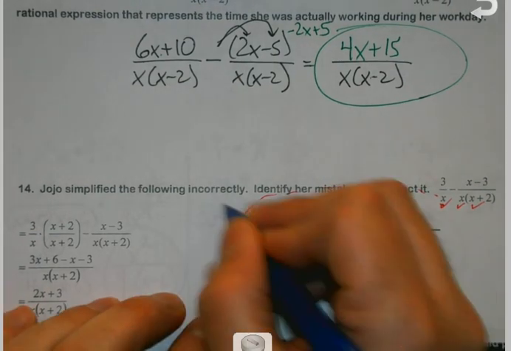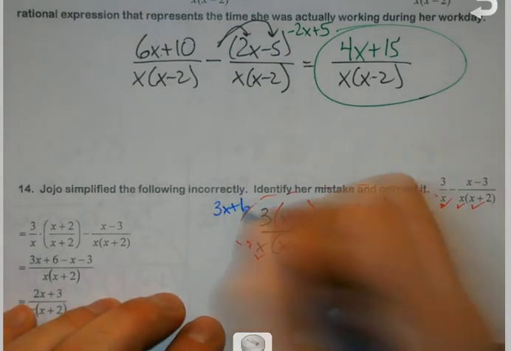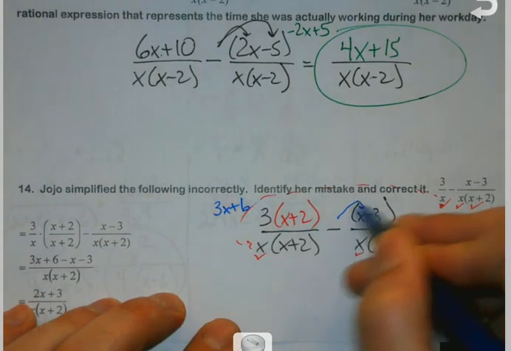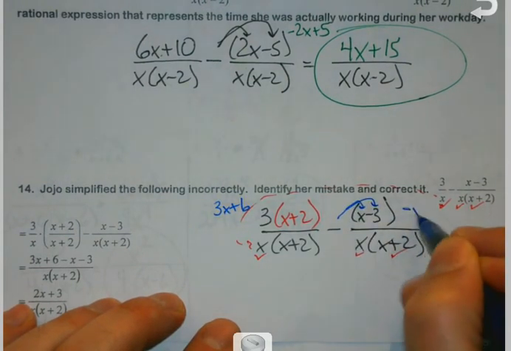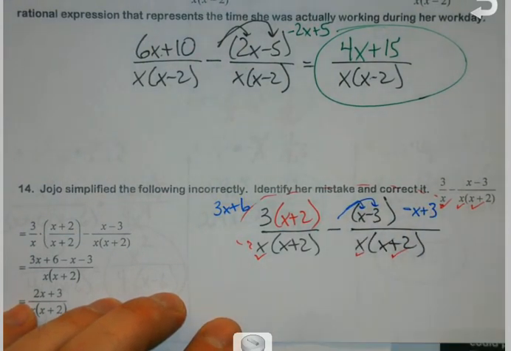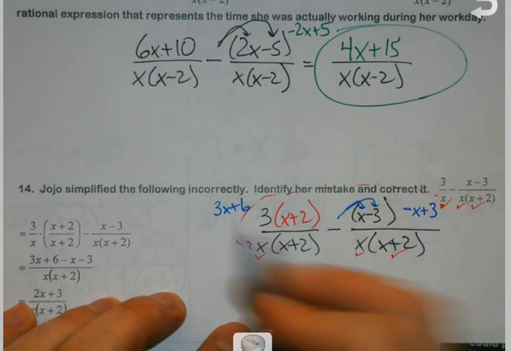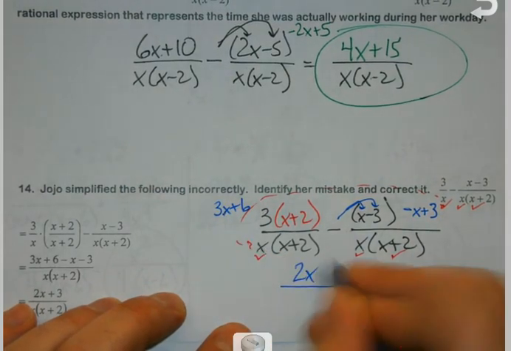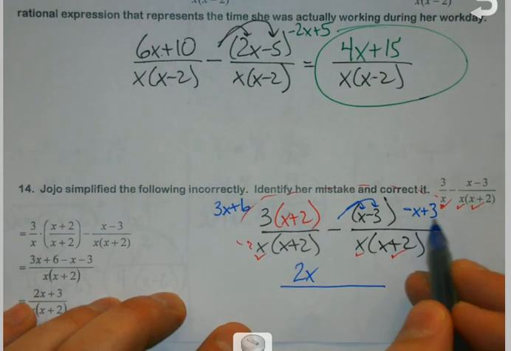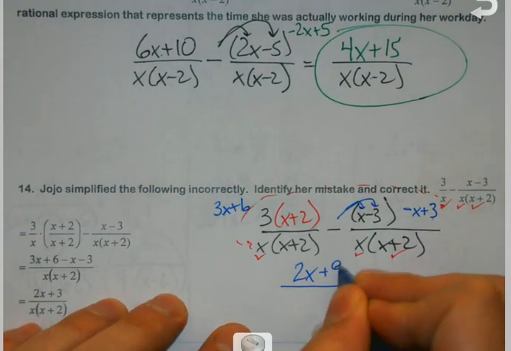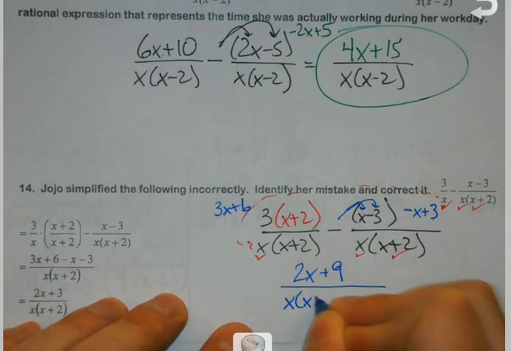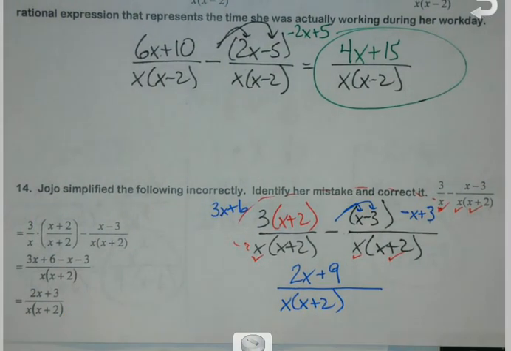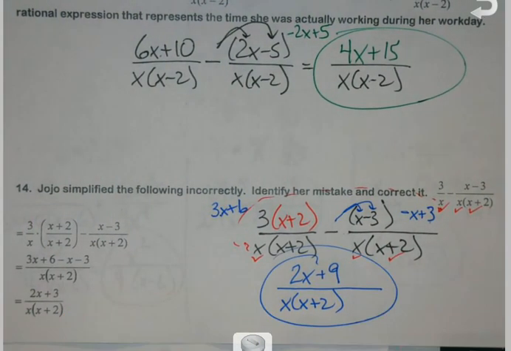So I'm like, okay, so this is 3x plus 6. Here, that negative distributes. So I end up with 3x, and a negative x is 2x. 6 plus 3 is 9. So I'm looking through, and I'm like, okay, I got a different answer than they did. So that's the right answer.